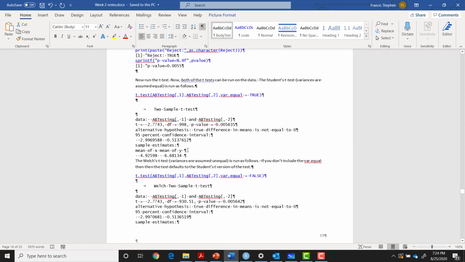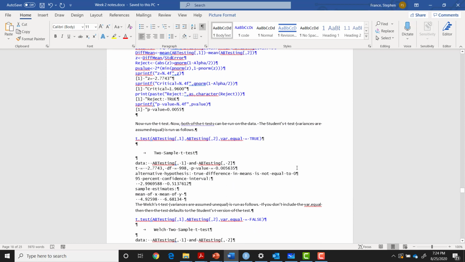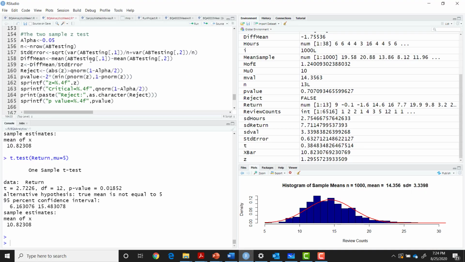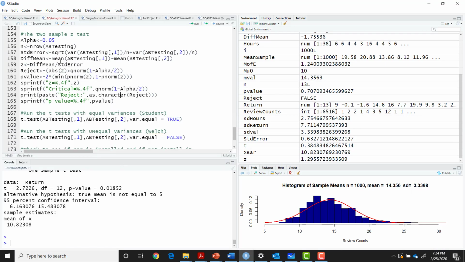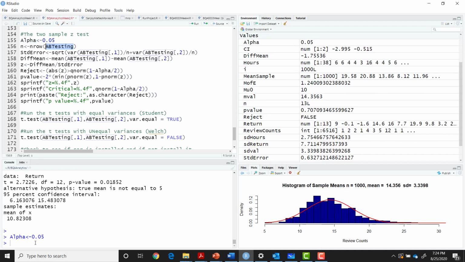So let's quickly run these in R. First we're going to do the manual z-test. Again, I'm not going to make you do these. This is just writing out the equation that we had before. So we set our alpha. The data set, the A/B testing, is as before.